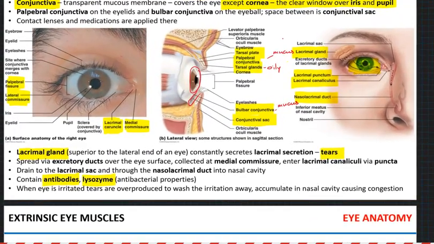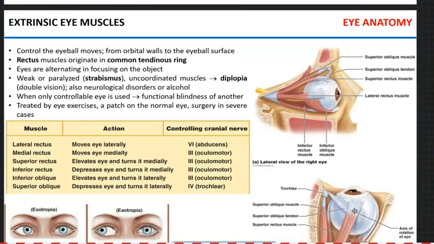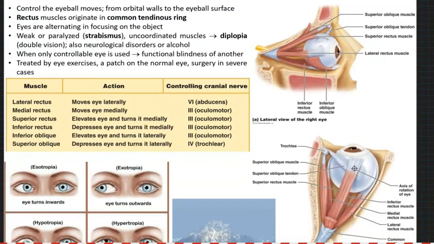Now the eyes are moved by the extrinsic eye muscles. We discussed them extensively when we talked about the different cranial nerves. These muscles are controlled by 3 cranial nerves. Oculomotor controls 4, abducens and trochlear control 1.